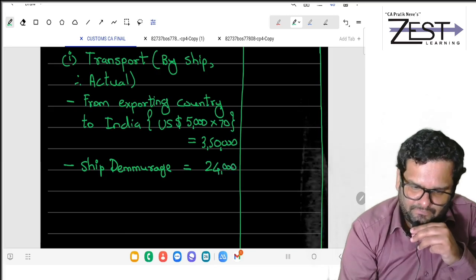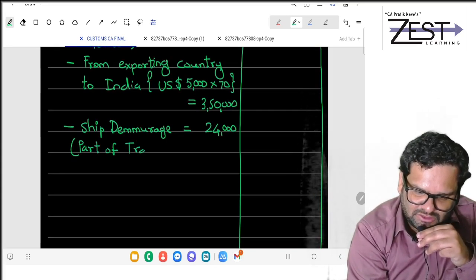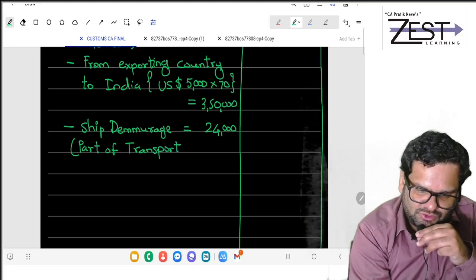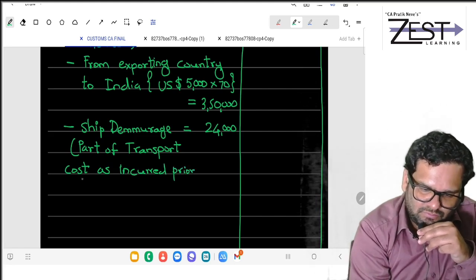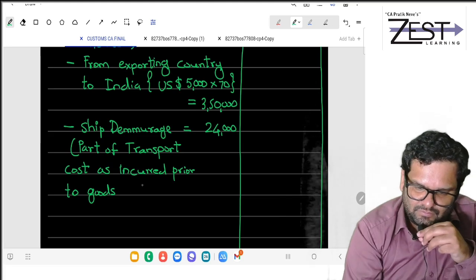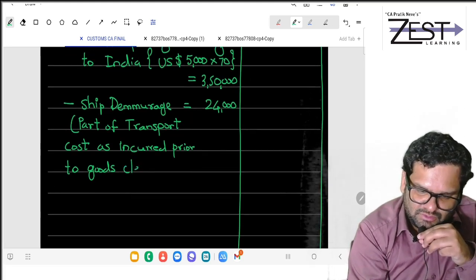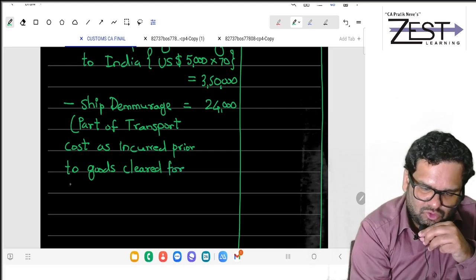So it is part of transport cost, as incurred prior to goods being cleared for home consumption.